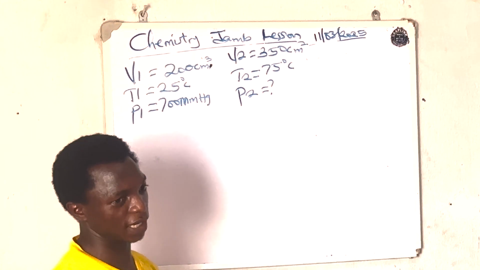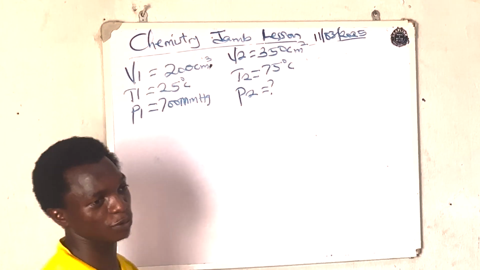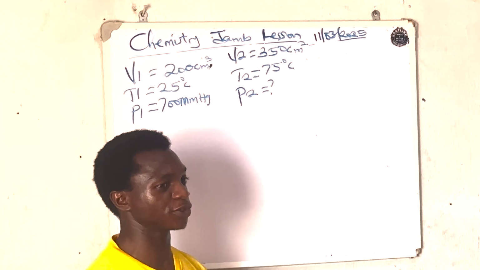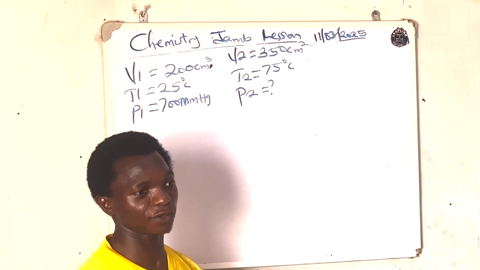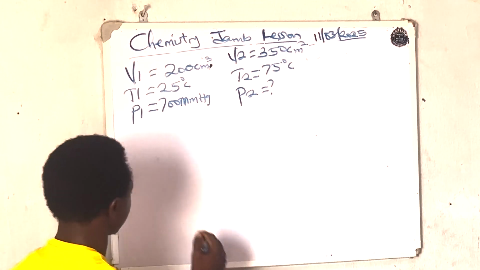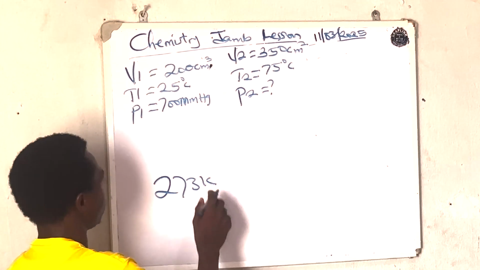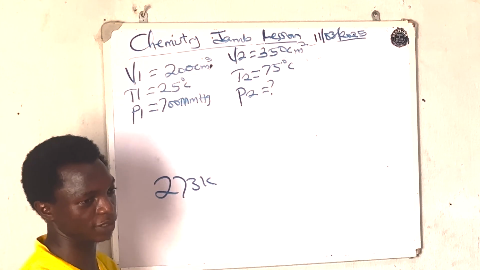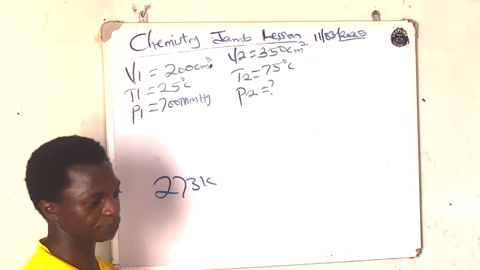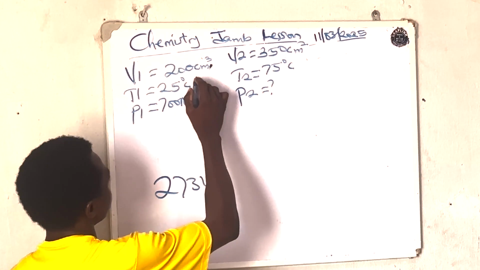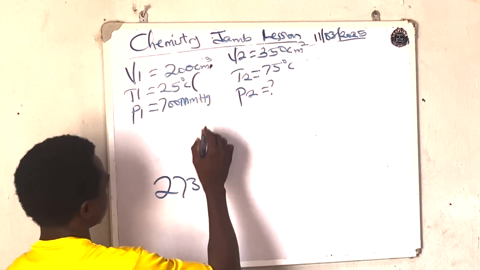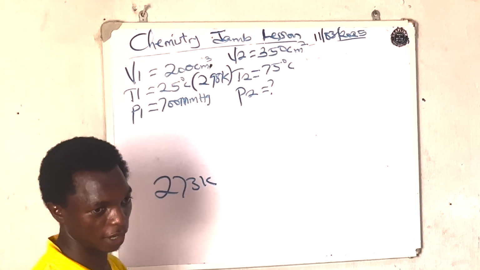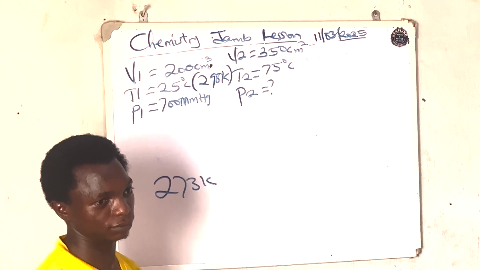Now, but before that, the temperature given to you is in degrees centigrade. As such, we must convert it to Kelvin. And converting from centigrade to Kelvin, we always add 273. So if we are given 25, we add 25 to 273, that gives us 298 Kelvin. That is our temperature one.